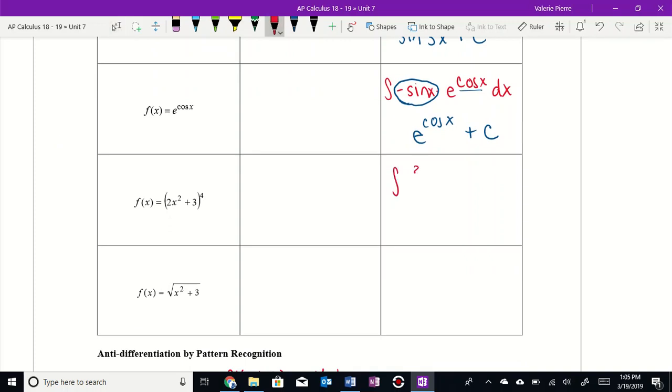So the antiderivative of 2x over x squared plus 3 dx. Here, our inner function is x squared plus 3. The derivative of that is 2x. So we're going to take the antiderivative of 1 over x squared plus 3, which is ln absolute value of x squared plus 3 plus c.